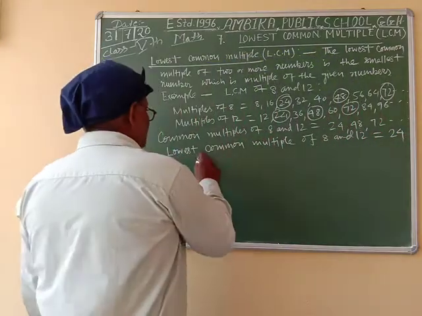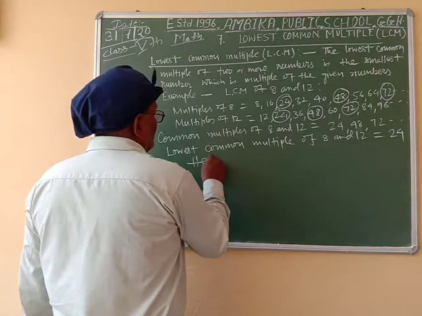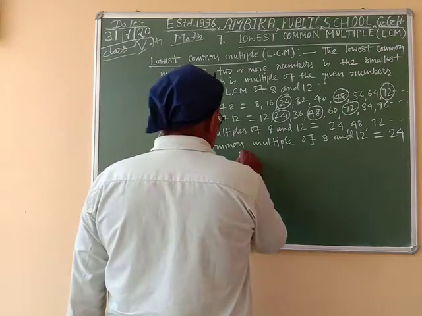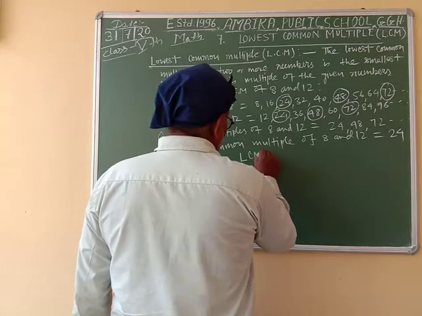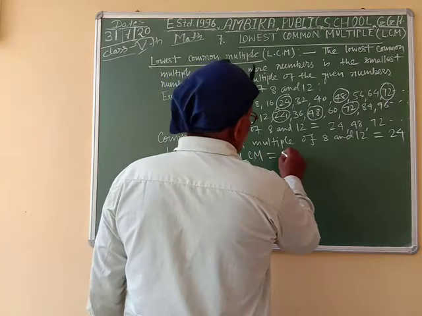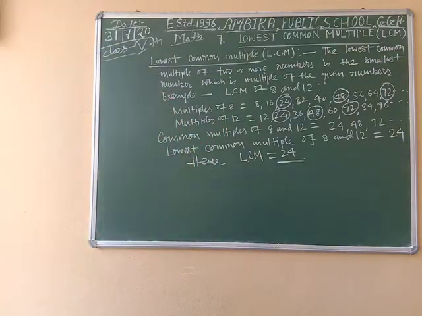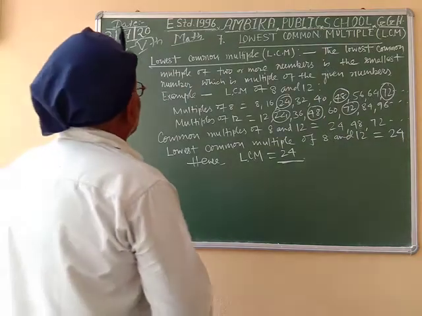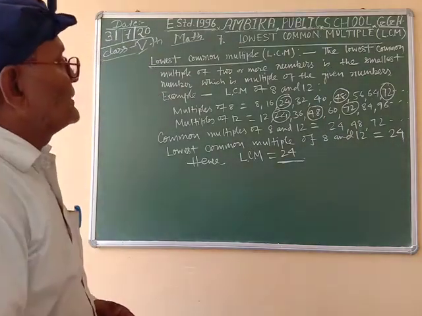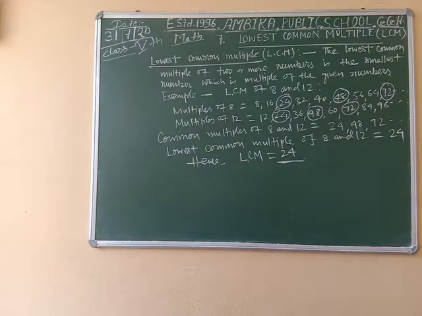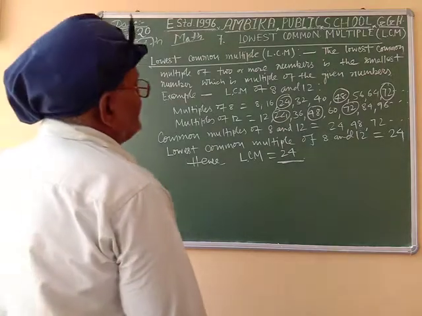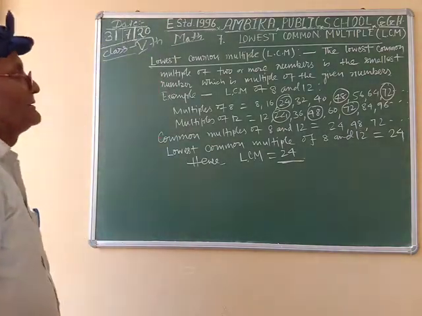Therefore, LCM is equal to 24. So LCM is the lowest common multiple of the given numbers. Again, the lowest common multiple of two or more numbers is the smallest number which is a multiple of the given numbers.